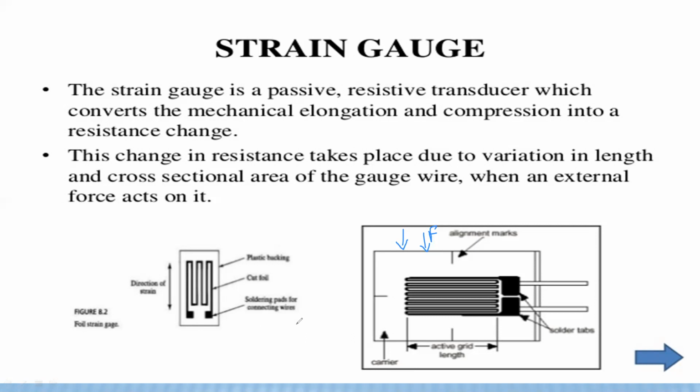So what is the conversion? The mechanical elongation and compression occurring on the strain gauge are converted into resistance. That is the main working of this strain gauge.